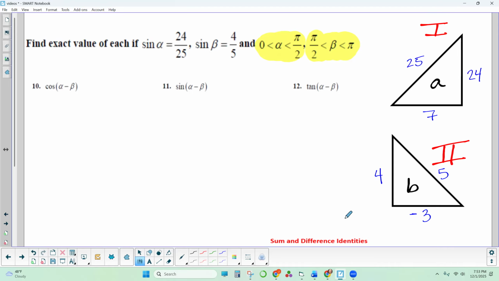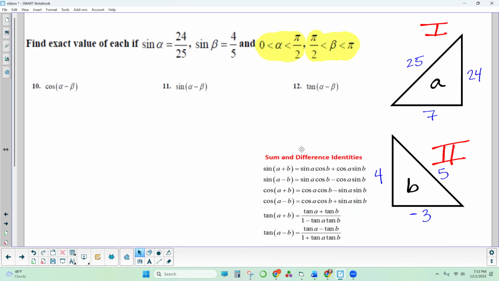Okay? So we're given the quadrant and we're given a sine function. And now we're going to use these identities to evaluate. So we're not given an angle directly. We're just given these clues, and then we're going to use our sum and difference identities to evaluate this.